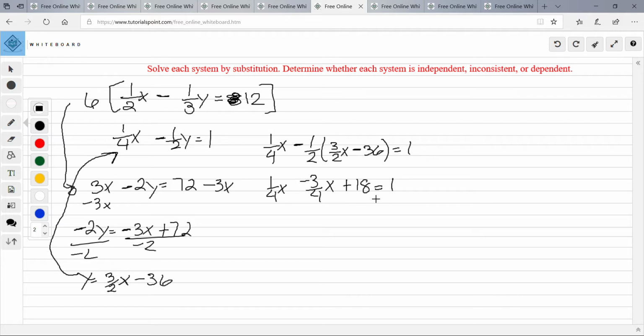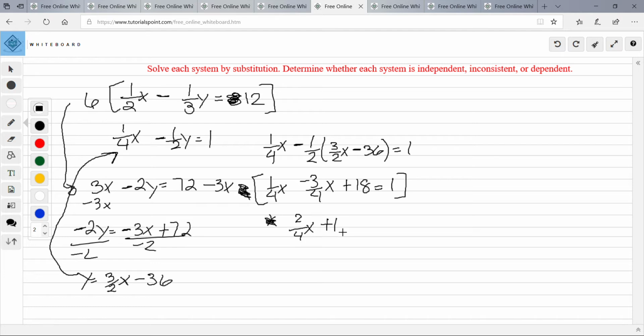Then we're going to get rid of this 4 by multiplying both sides by 4. But I need to simplify this before I multiply everything by 4. 1/4 x minus 3/4 x is negative 2/4 x.